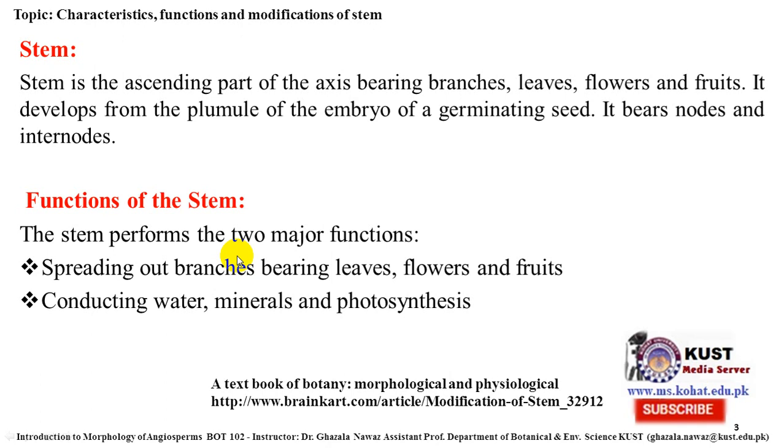The next function of the stem is conduction of water and minerals, and photosynthesis. So how? As we all know, stem contains xylem and phloem, and xylem is used for the conduction of water, and minerals are transported to the whole plant via phloem, and it is the stem that is green in color, and it performs the process of photosynthesis.